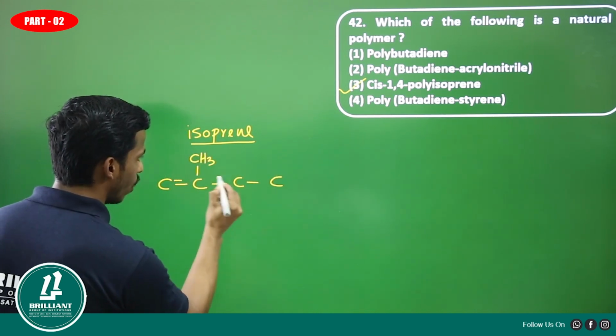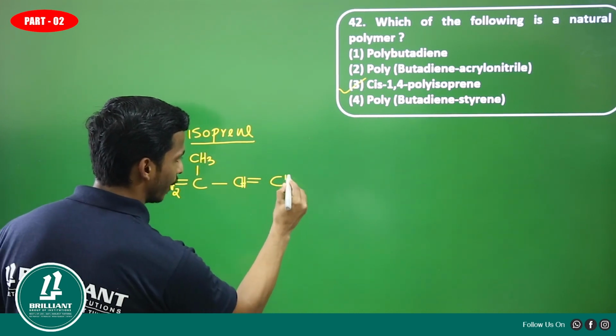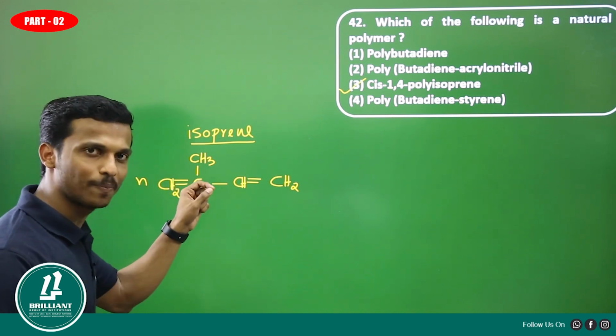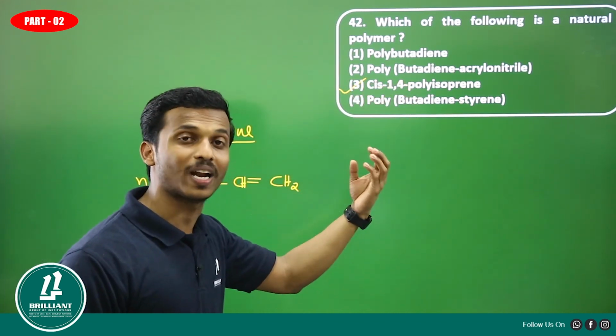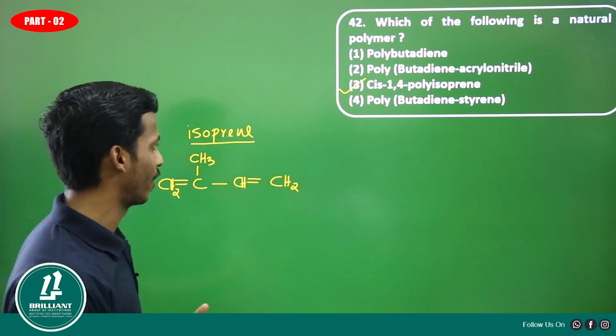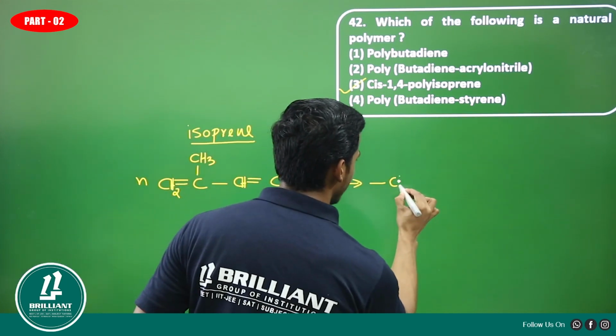2-methyl-1,3-butadiene is called isoprene. Isoprene will undergo polymerization to give natural rubber, right? Cis-1,4-polyisoprene is what, student? Natural rubber. The natural rubber monomer is isoprene. So what will you get here?